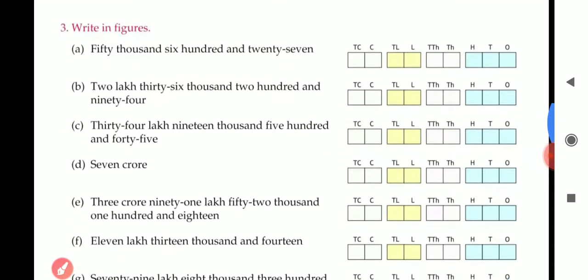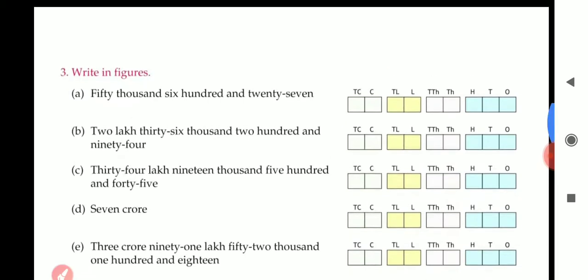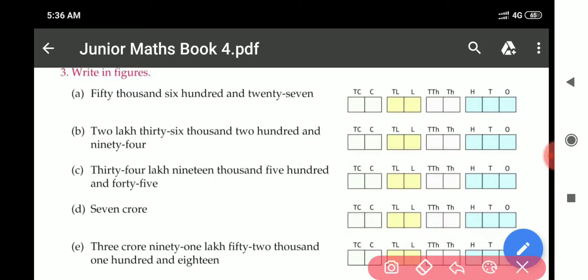Now question number 3, write in figures. 50,627. Now it will come under the thousand place. 50,000. So 50, we will write down here, 50,627.